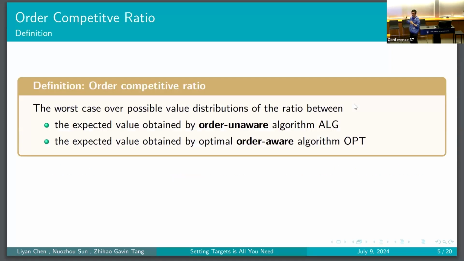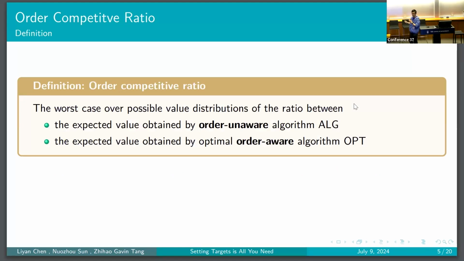The ratio we analyze is called the order competitive ratio. In this ratio, we consider the worst case over possible value distributions and arrival orders of the ratio between the expected value obtained by the order unaware algorithm and the expected value obtained by the optimal order aware algorithm.